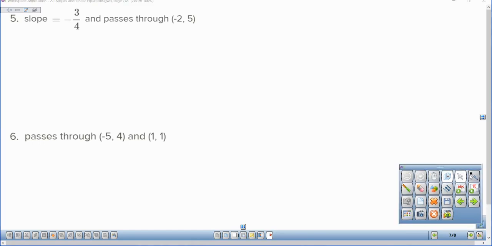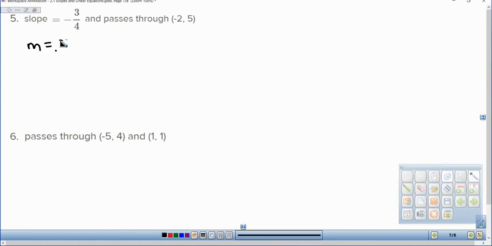All right, on this one, we are given the slope, which I would represent as m, and we're given a point that this line is supposed to pass through, which those two coordinates represent x and y. What we're going to do is figure out what my y-intercept is.